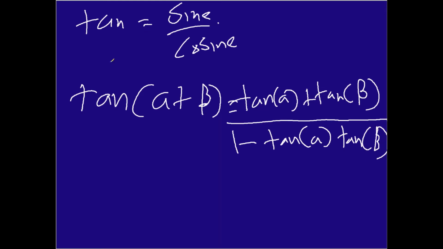Now this is for the sum. If we're doing the difference, we will have a minus sign in the numerator, a plus sign in the denominator. So it really depends on the context.